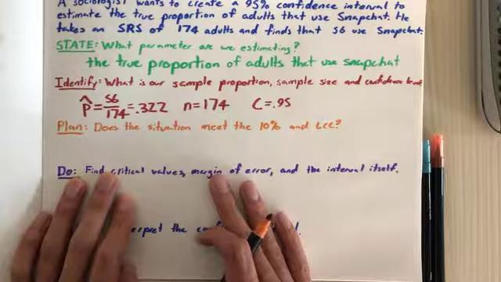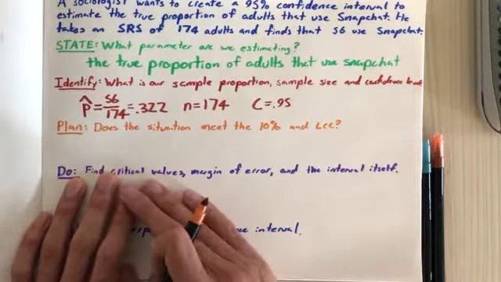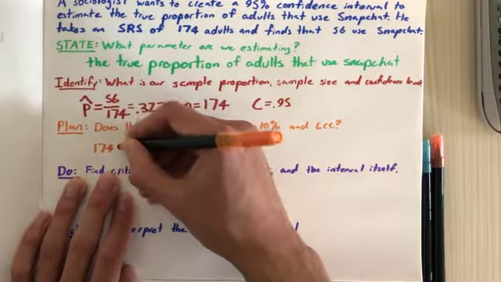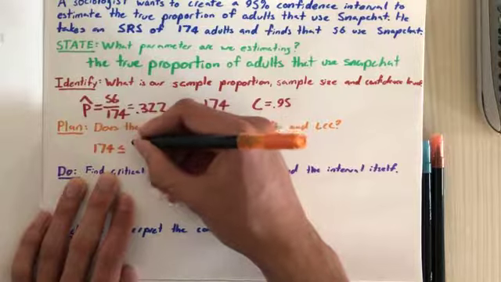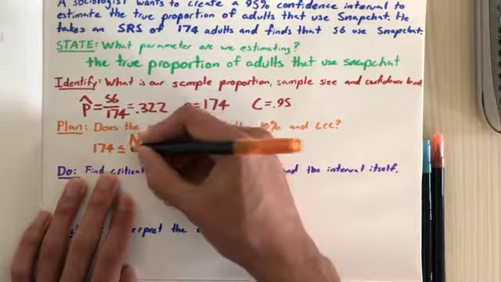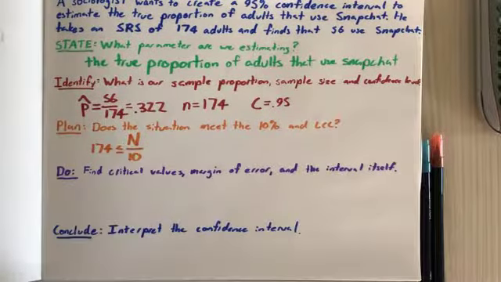Our total population is adults, the number of adults. So we need 174 to be less than or equal to N, the total number of adults in the world, over 10.